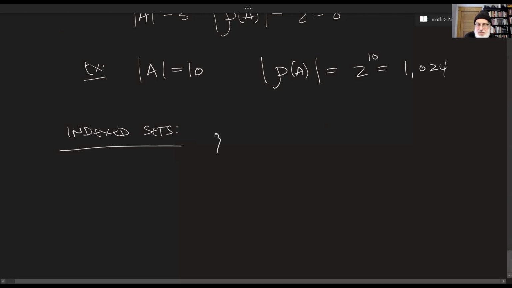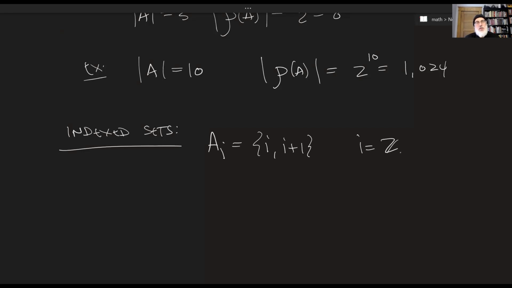Let's use an example. I think that would be the best way to look at these. So I could say let's index a set A sub I will be equal to, say, I and then I plus 1. Now, if I say I is equal to the integers, you can see how it would be handy to define it this way, because now I can just leave it that way and I don't have to write out an infinite list of sets.